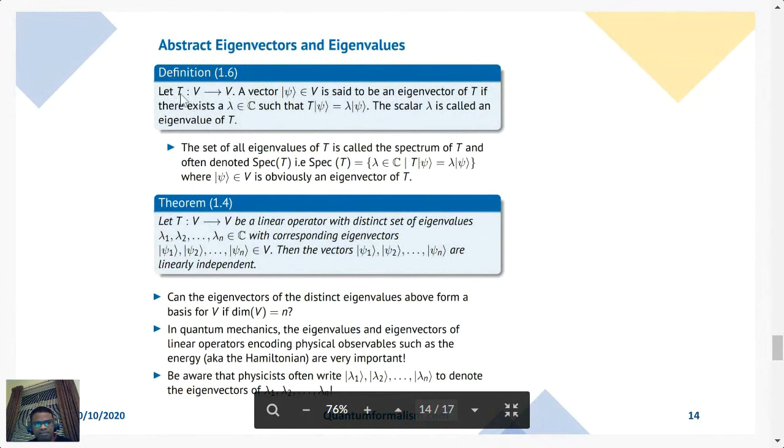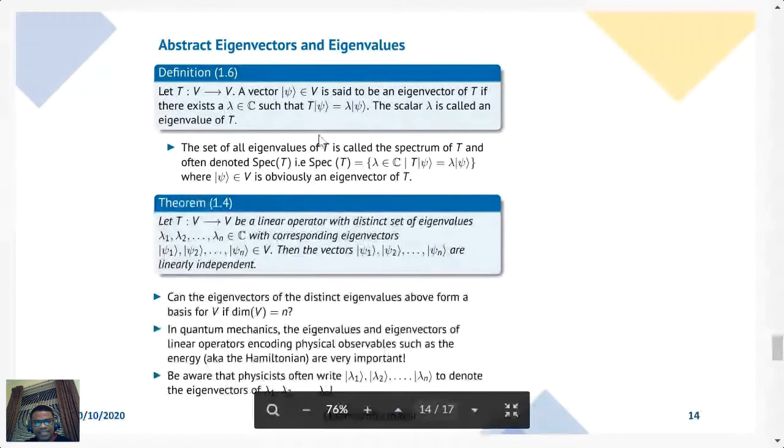So first of all, let T be an operator from V to itself. Then we say a vector psi is an eigenvector of T if there exists a non-zero lambda in C such that T psi equals lambda times psi. The lambda is then called the eigenvalue of T. To recap, the eigenvector is a vector, the eigenvalue is a scalar.